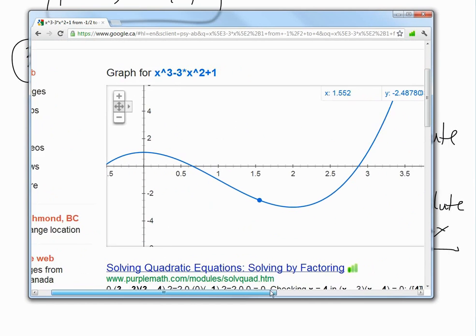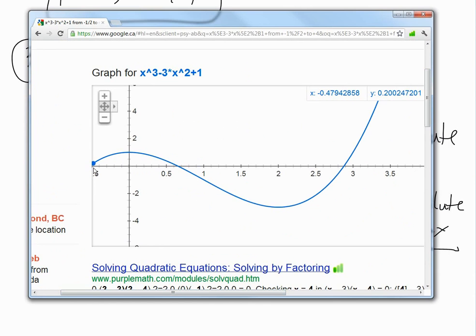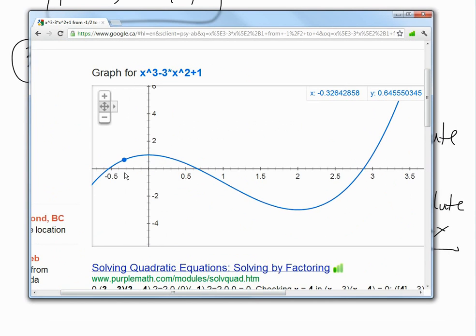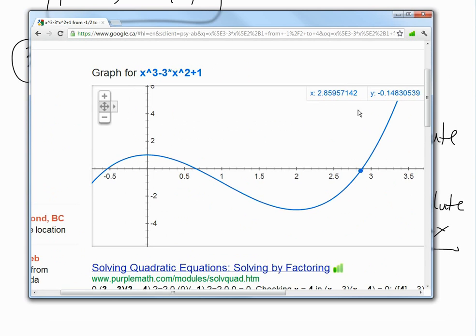At -1/2, it's around 1/8, about 0.5 at most, so it's close.